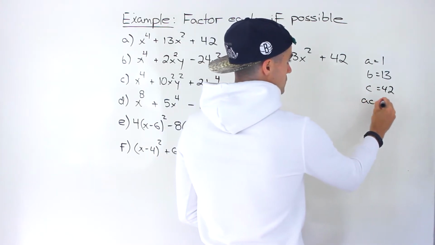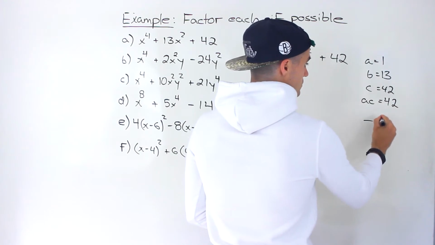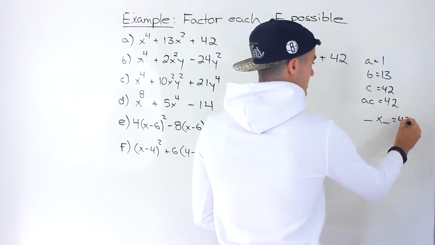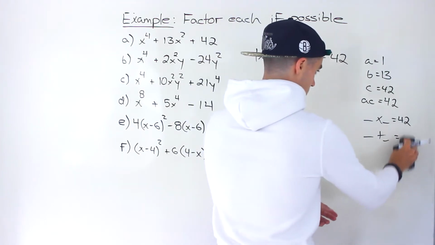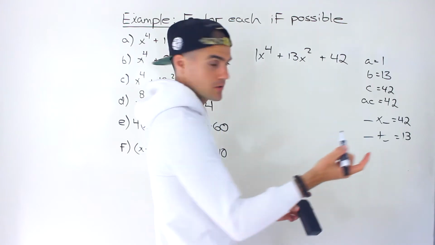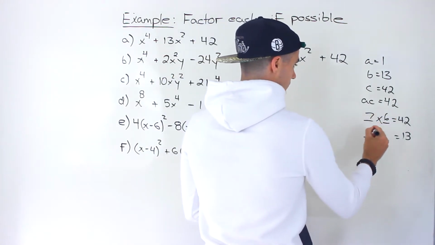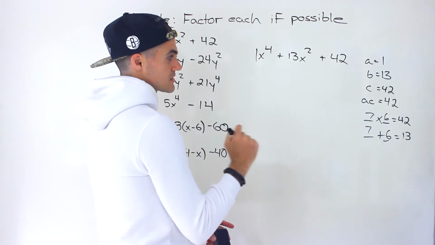We find the AC value, 42 times 1, which is 42. Then we find two numbers that multiply to that AC value and add up to the b value of 13. What are the two numbers going to be? 7 and 6, right? 7 times 6 is 42, and 7 plus 6 is 13.